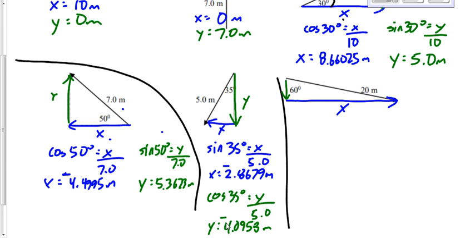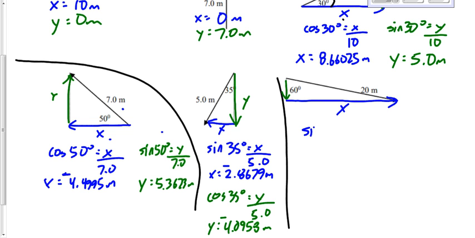Okay, x component here. Which side of the triangle is this one? Well, it's not the hypotenuse because it's not the longest side. The x component is opposite, because it's not touching the angle, right? So opposite, we have hypotenuse. If we have opposite and hypotenuse, we're going to use sine.